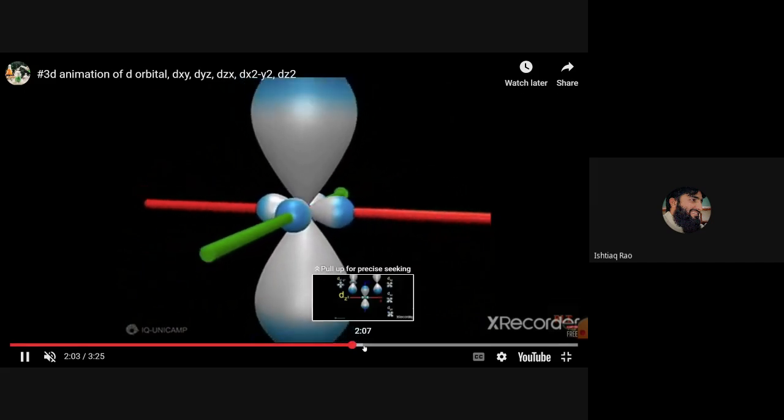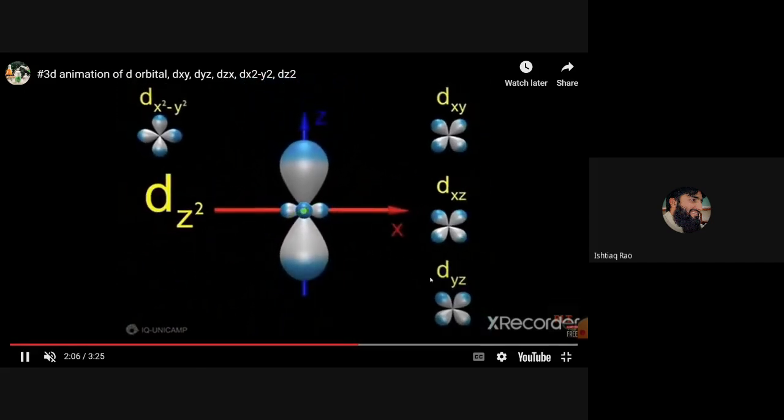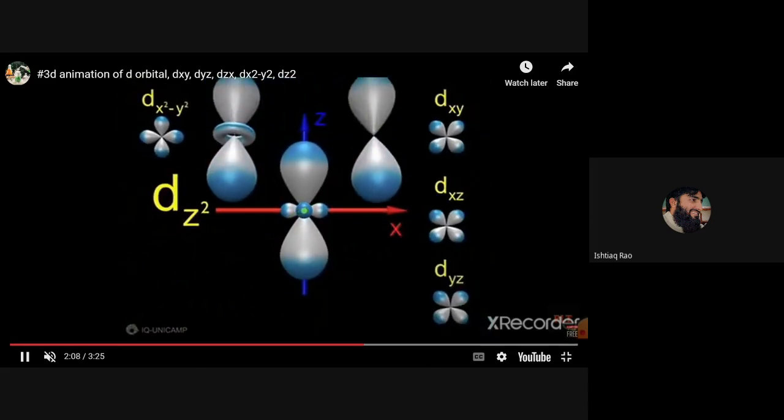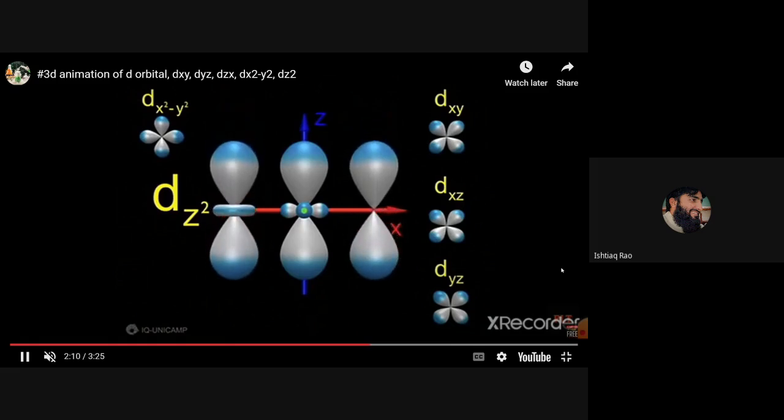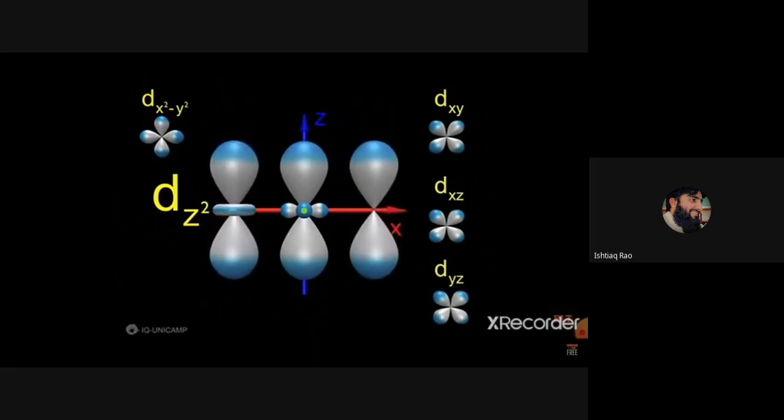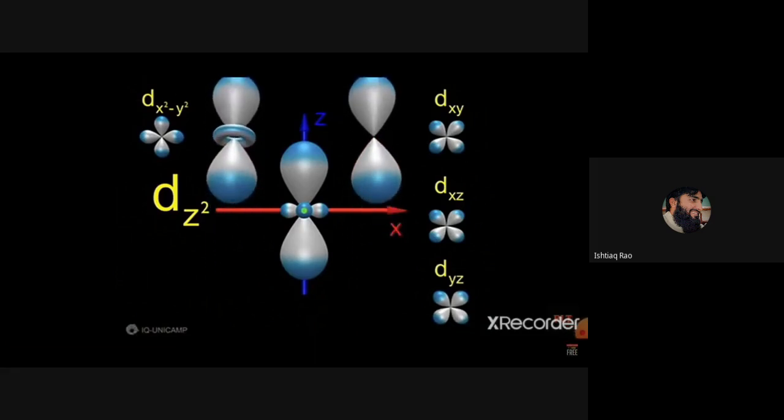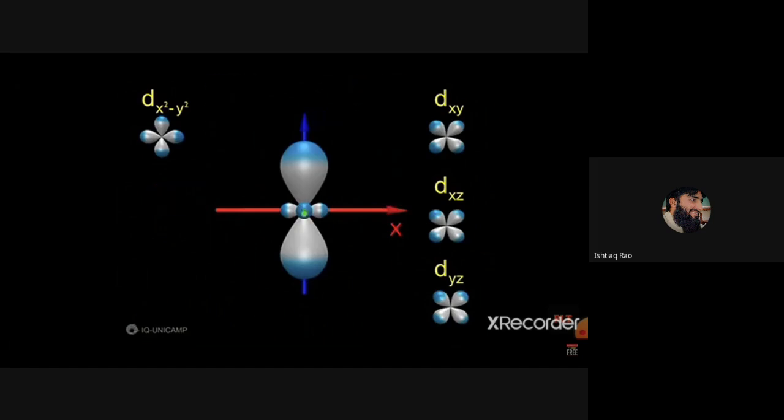When they combine together, they form this. Collectively, there are five orbitals: dxy, dzx, dyz, dx square y square, and dz square.